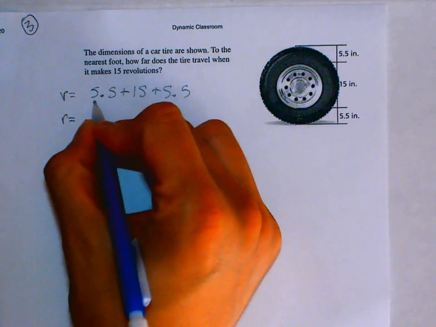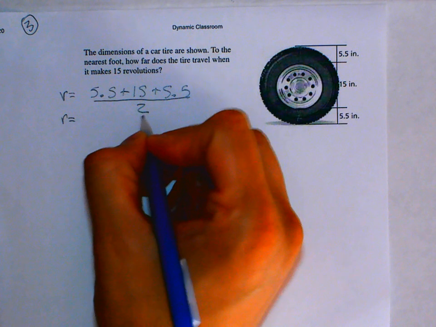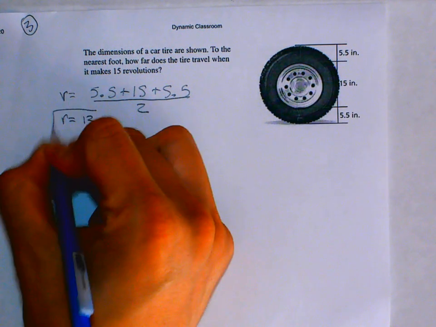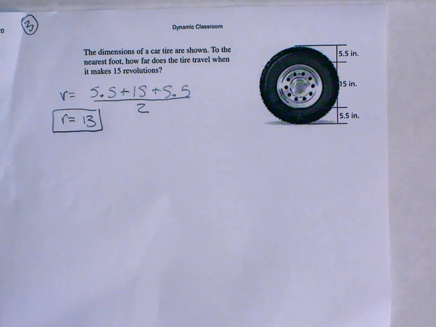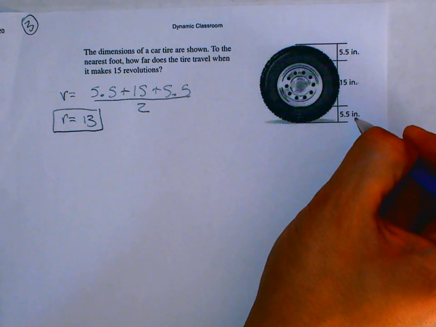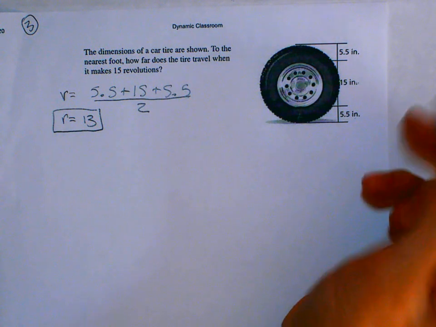In order to get the radius, I have to divide that by 2. So 26 divided by 2 gives me 13. So my radius is 13. Or what you can do is find half of this, which is 7.5. Add 7.5 with 5.5, and you get 13 as your radius.